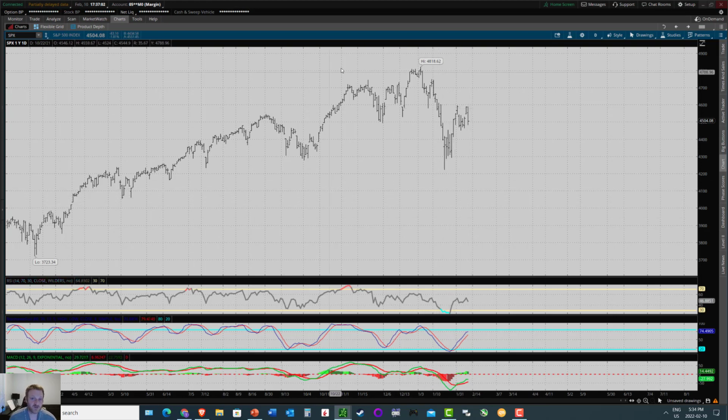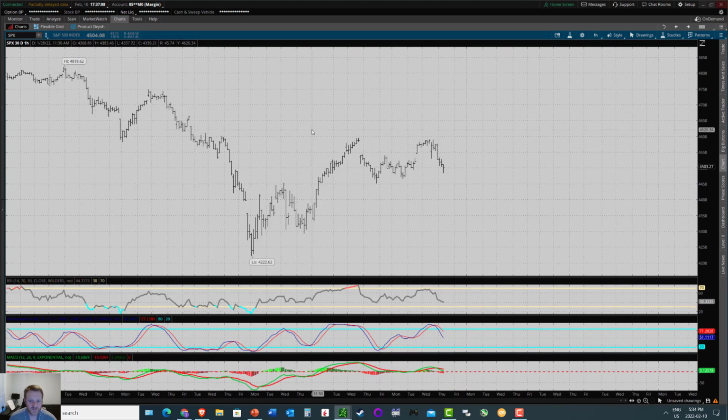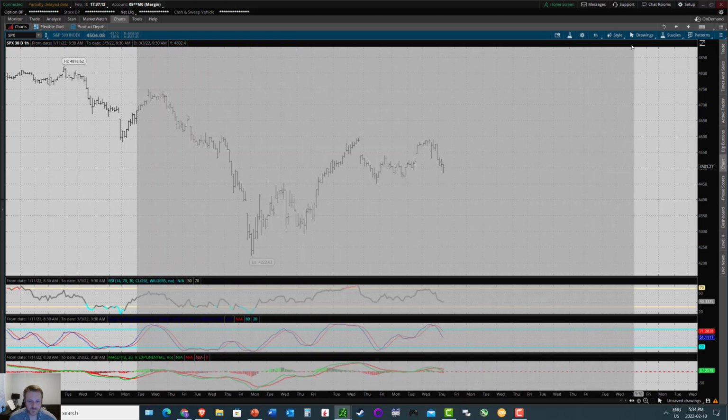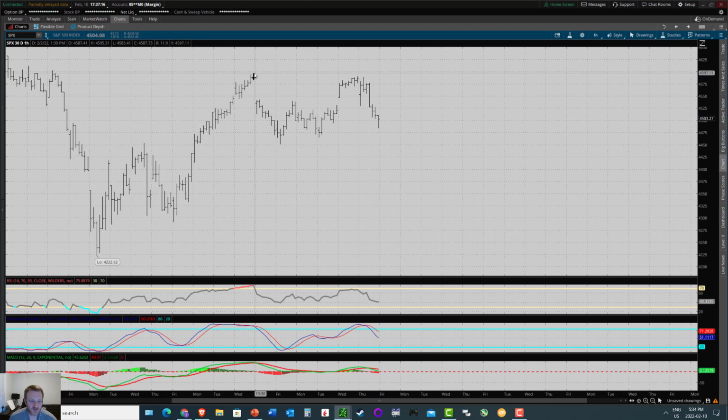Now, there's also divergences with RSI. And if we were to go to maybe an hourly chart or something like that. Okay, here's a good example, more recently. So here we got overbought on the hourly RSI. Now, typically, you don't actually make a top or a bottom just on an overbought or oversold condition.